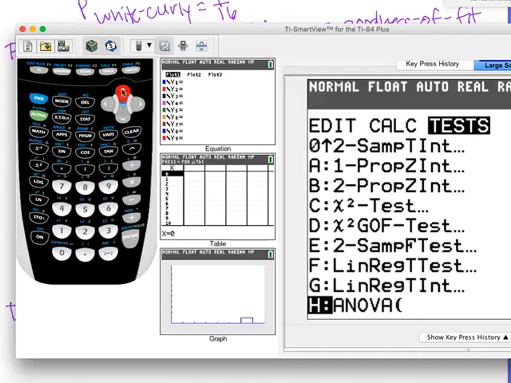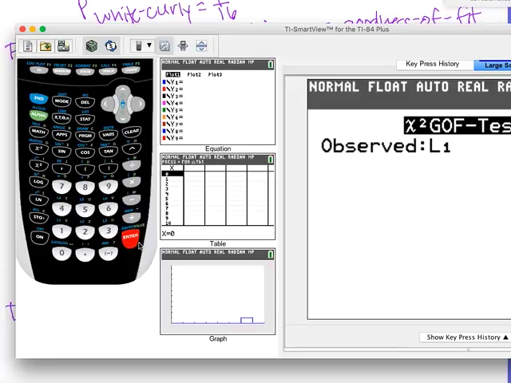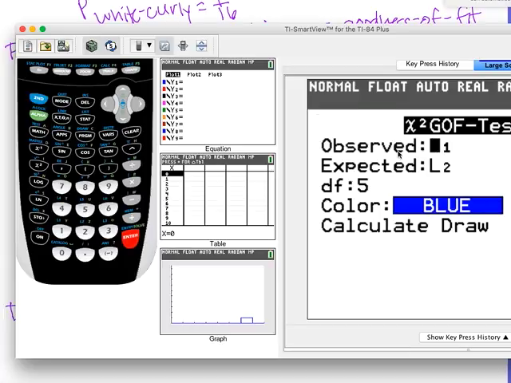So you're going to need to do the up arrow so that it gets you to the end of the list, and you're going to do option D. So your observed should be in L1, your expected in L2, and your degrees of freedom for this is going to be 3. The reason it's going to be 3 is because we had 4 different categories, so we would do 4 minus 1 to give us 3.